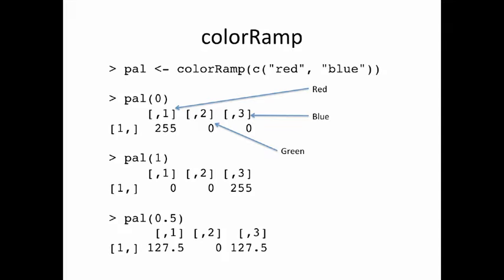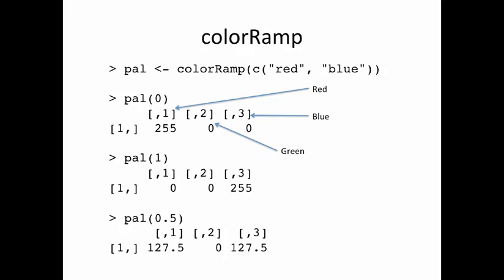And so when pal is given the argument 0, basically what it gives me back is red, because that's one end of the color spectrum that I've specified in my palette. The other end being blue, of course. And so I've got the maximum value for red, I've got 0 for green, and I've got 0 for blue. So that color is red. When I say pal of 1 down here, you see I've got 0 for red, 0 for green, and then I've got the maximum 255 for blue.